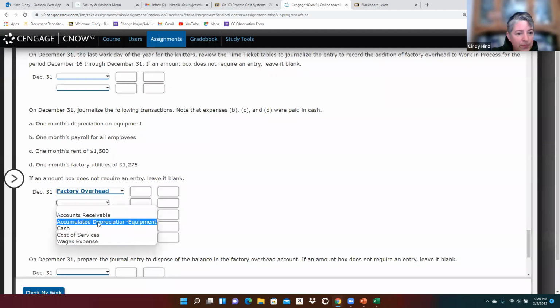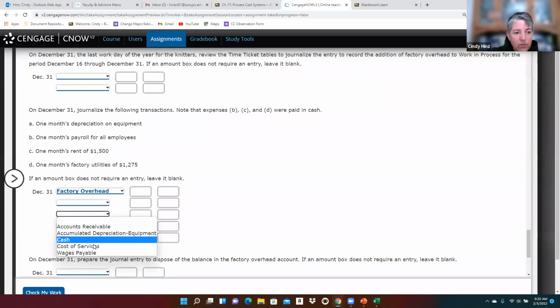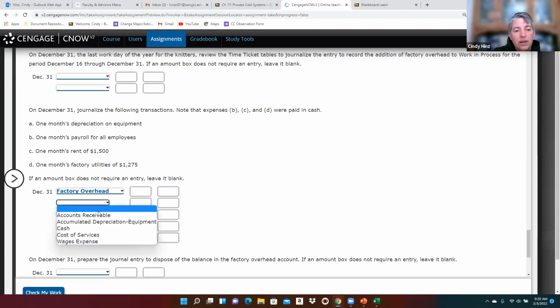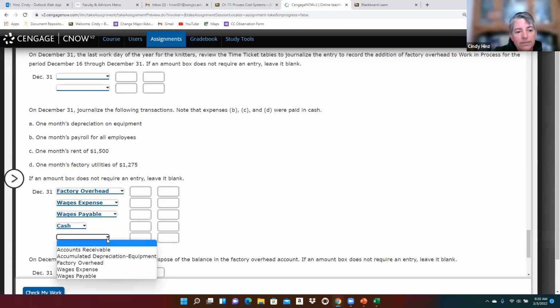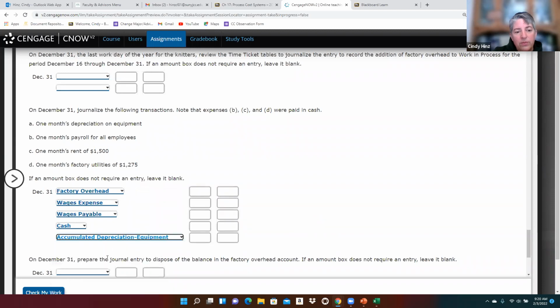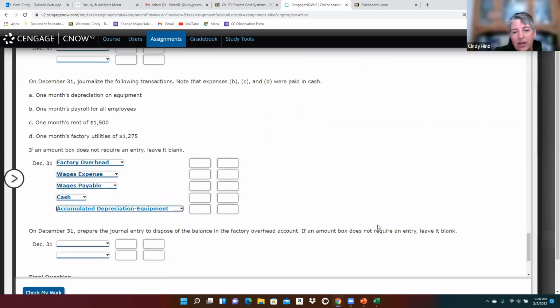So you'll need to remove that wages payable, whatever that amount was for the totals up above. And then we need to record the wage expense for that administrative person, that office manager, half of that salary. And then record the depreciation on the equipment. So that's what that entry is going to look like.